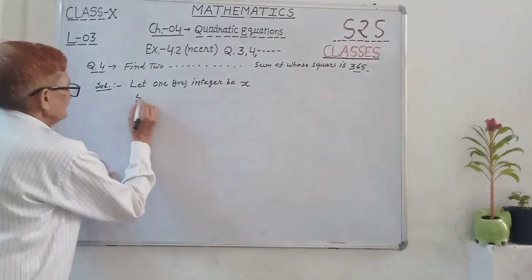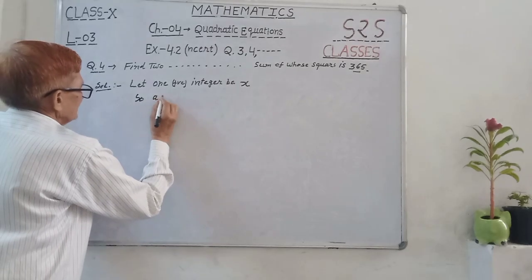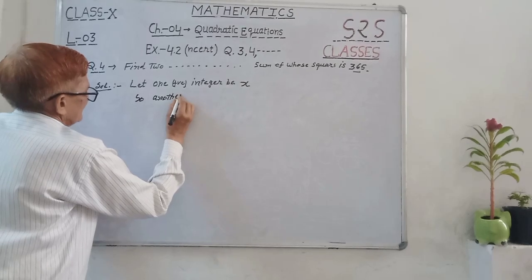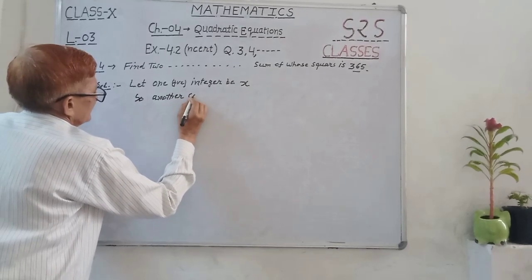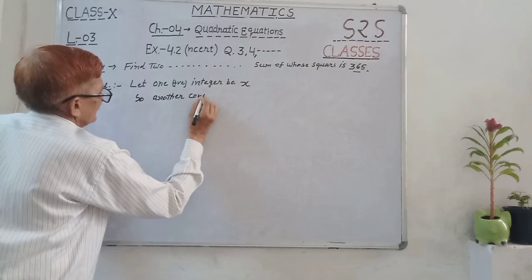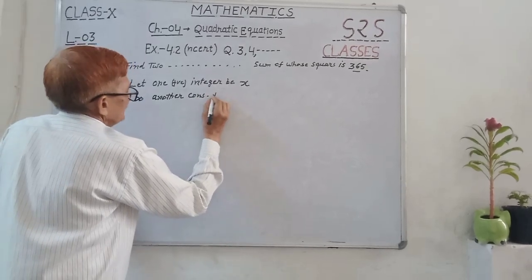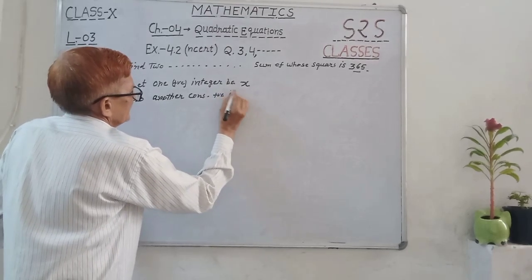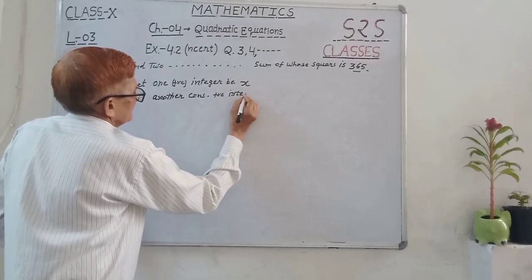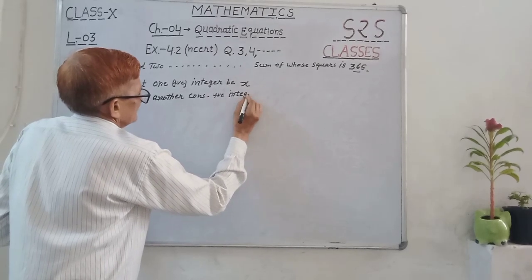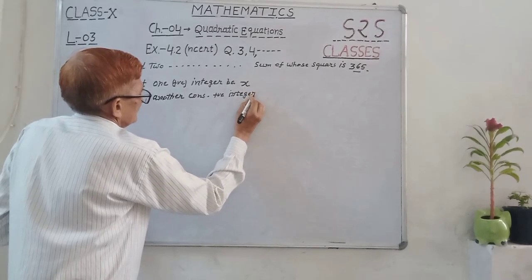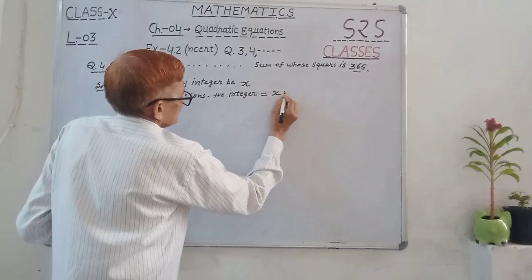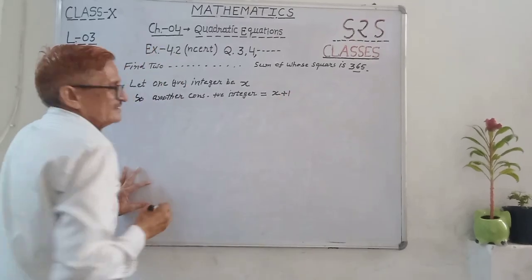Okay, so another consecutive positive integer will be equal to x plus 1.